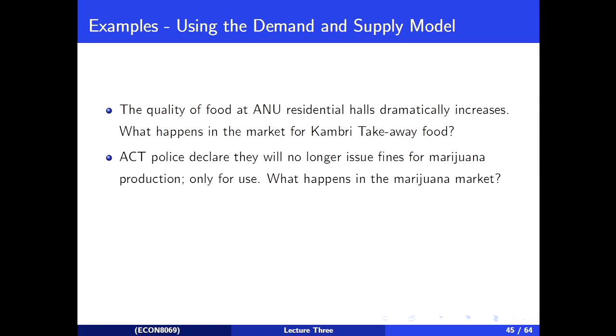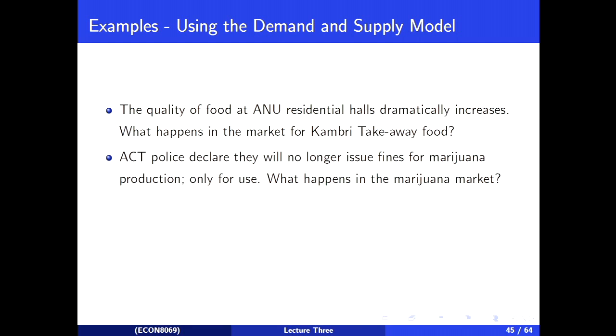And so we can talk about what happens to the equilibrium price and quantity. Very straightforwardly, equilibrium price and quantity shift to P1, Q1. So equilibrium quantity increases, equilibrium price falls.